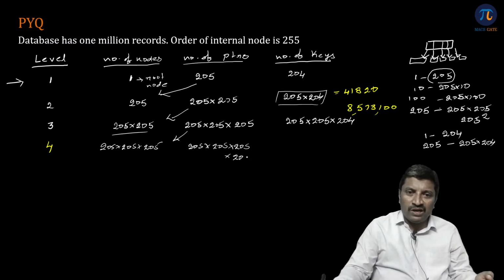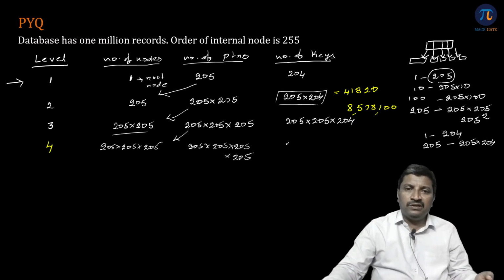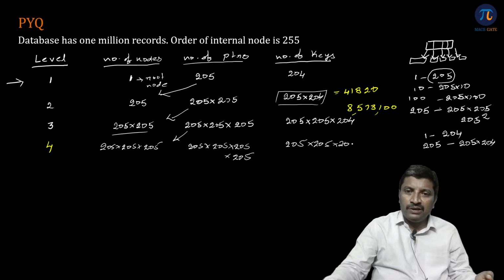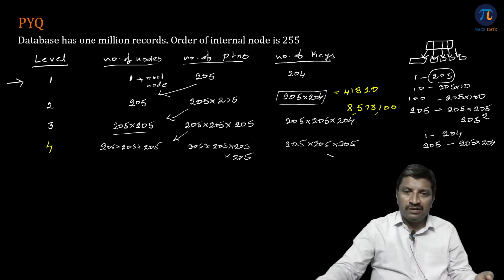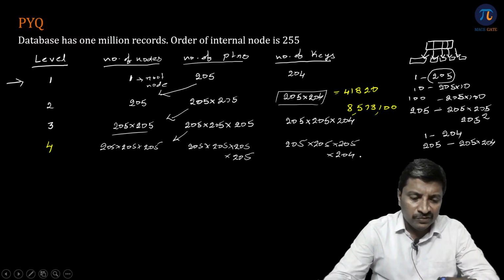For every node, I have 205 pointers. What is the number of keys? 205, 205, 205 is the number of nodes in this level, so the keys will be 204 per node. What is this value? 205 into 205 into 205 into 204.